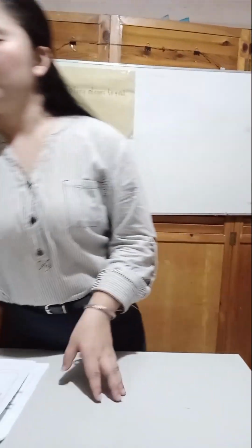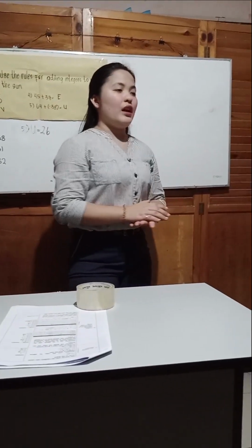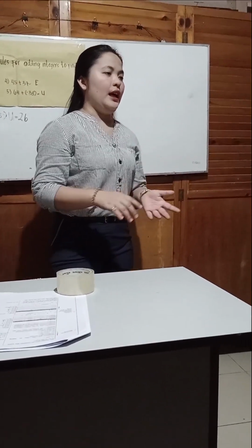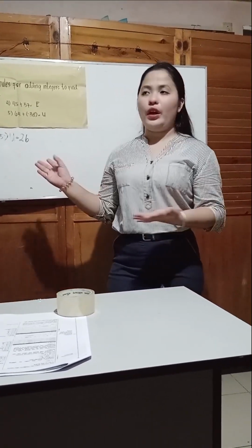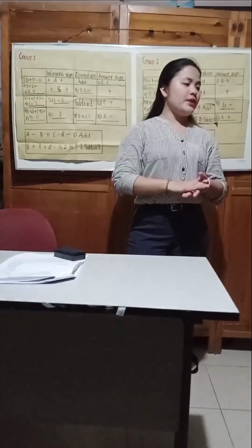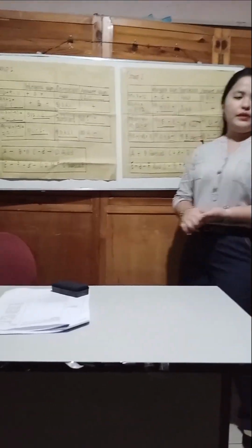And this is for group 2. Okay, class, I'll give you 5 minutes to do that activity. Then after, mapili kayo ng isang miyembro sa grupo nyo to present here in front. Okay? So, for group 1, who is the presenter for group 1? Okay, Miss A, can you please explain your answer to your group?